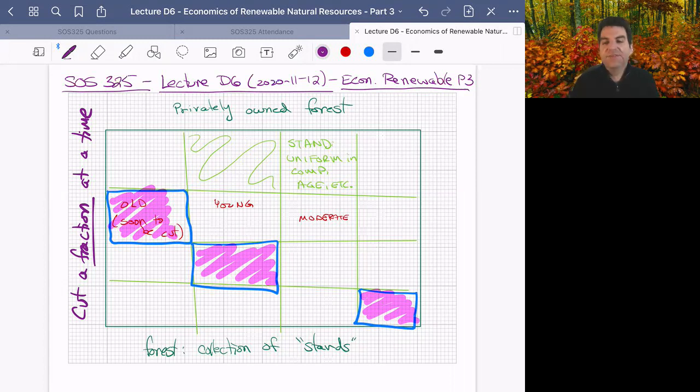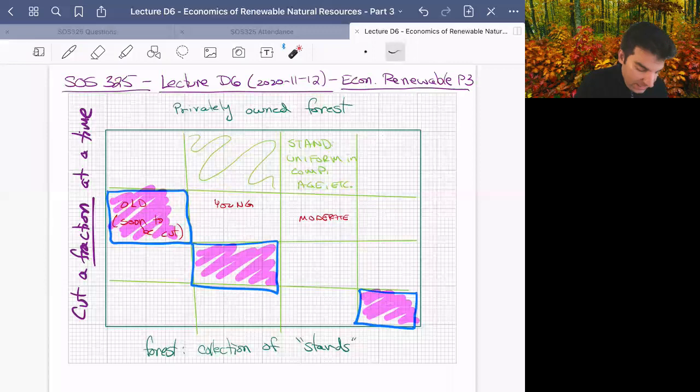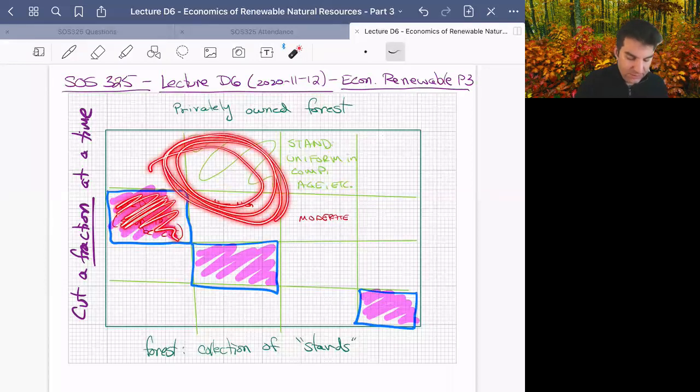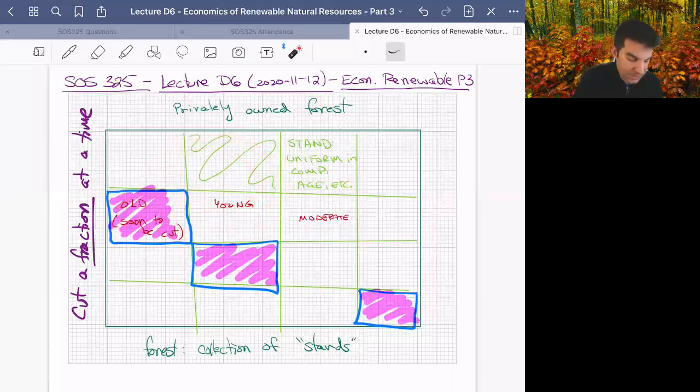And so the idea is that if you have a privately owned forest, and there are good economic reasons to do this as well, you are not going to cut the whole forest down at a time. You're probably only going to cut sections of it down. And so even though you might cut down one section, there will be adjacent sections that are still growing, and you might cut them in the next year.